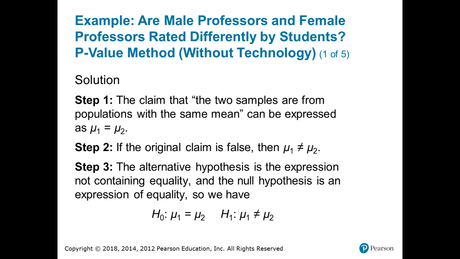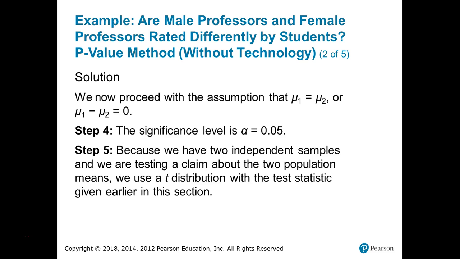So our null hypothesis is going to be u1 is equal to u2, which makes our alternative hypothesis that they are not equal. So u1 does not equal u2. Significance level is 0.05, and then we will be using a t-distribution with the test statistic given by the equations earlier in this section.